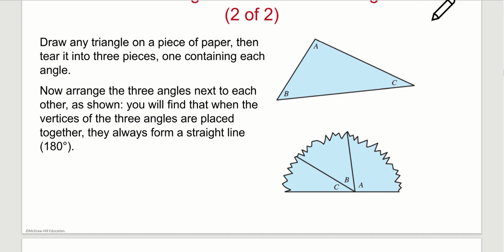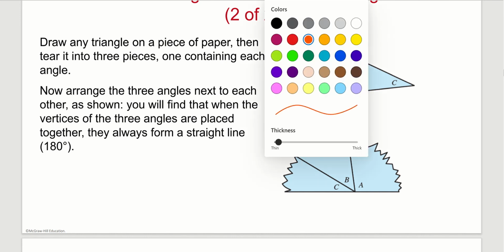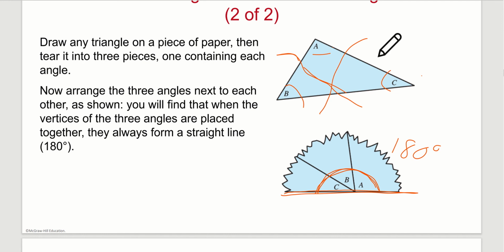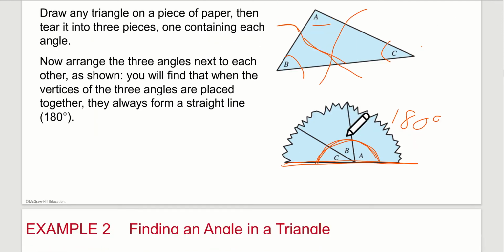So if you make cuts along the sides like this, you can separate it into a few pieces, and you can do so in a way that will allow you to align angles A, B, and C together, like this. And what we will see is that those three angles together would make a straight angle. And we know that a straight angle is one that measures 180. Therefore, the sum of the interior angles in a triangle forms 180.